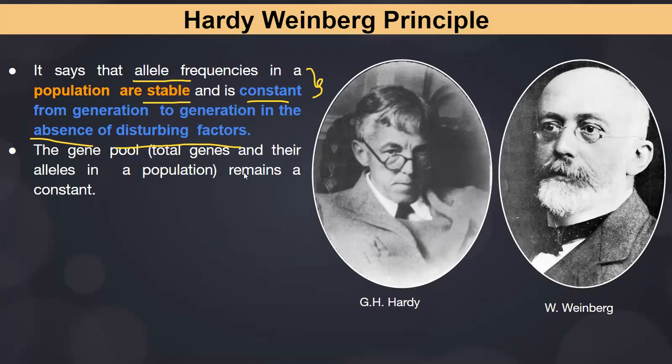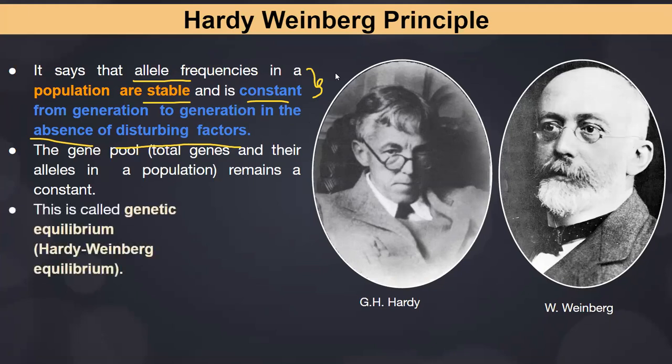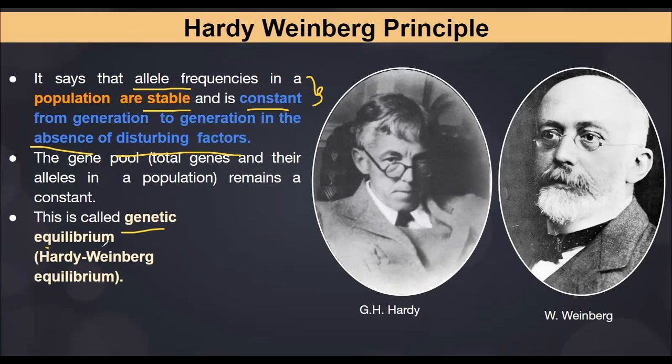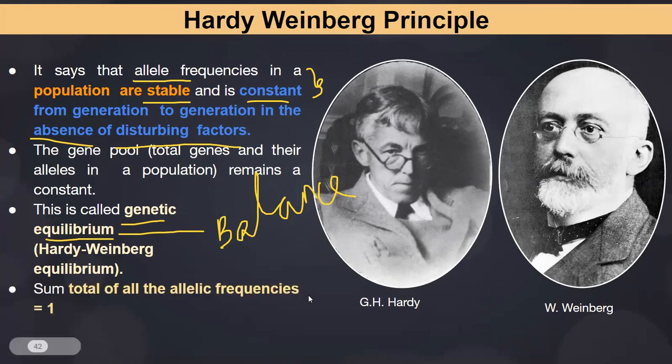So the gene pool will remain constant, and this they termed as genetic equilibrium: balanced out, stable, constant, balance. Genetic equilibrium, or Hardy-Weinberg equilibrium. And the sum total of all the allele frequencies will give you 1 when everything is balanced out.